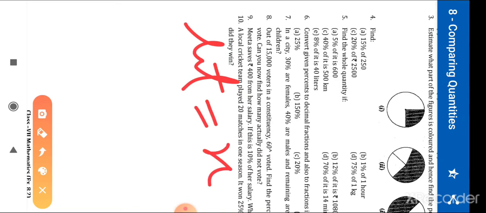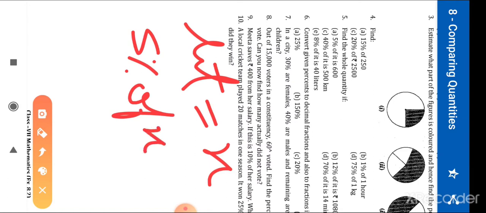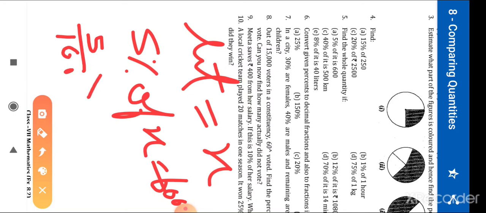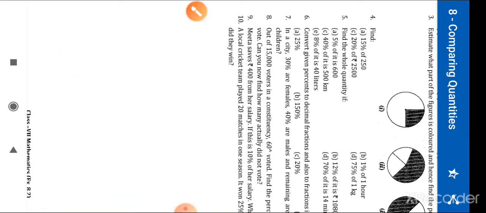Now, according to the question, 5% of the whole quantity, that means of x, is equal to 600. Now write this statement in mathematical equation form. So we have 5% means 5 by 100, of means multiplication, multiply by x is equal to 600. From here we can calculate the value of x.